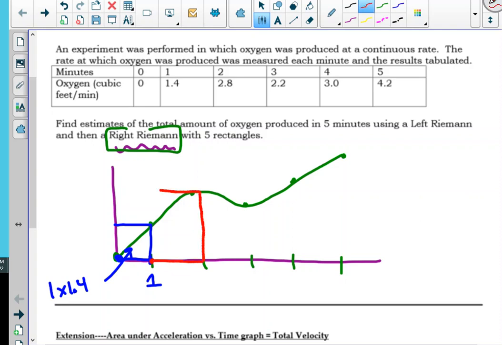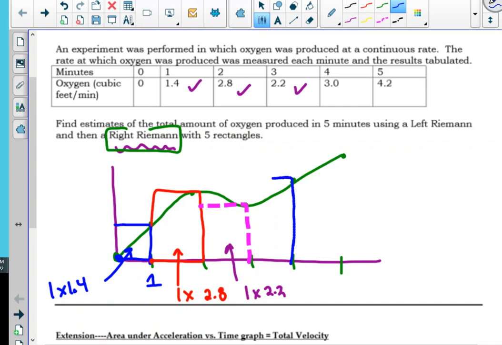Rectangle number 2 is 1 by 2.8. Rectangle number 3, 1 by 2.2. Height, height, height. Number 4.